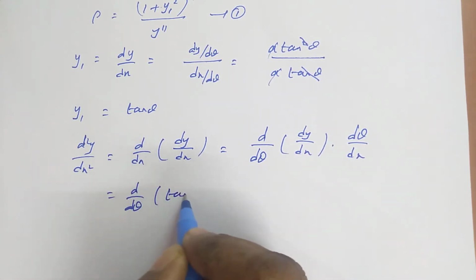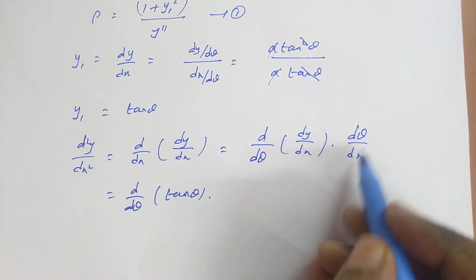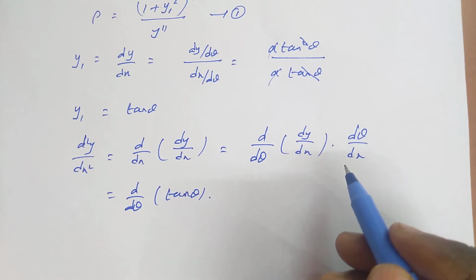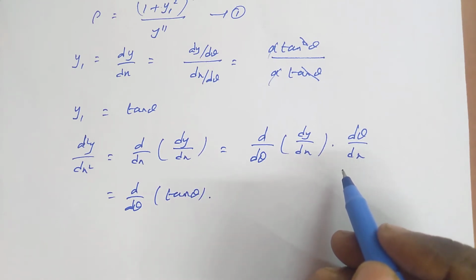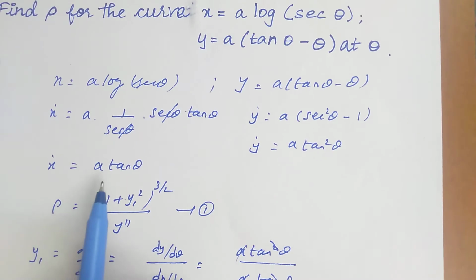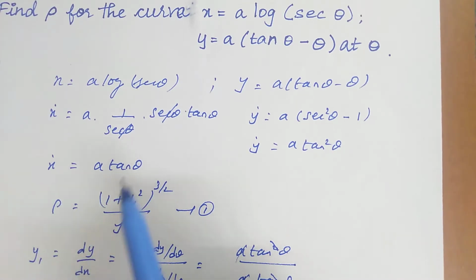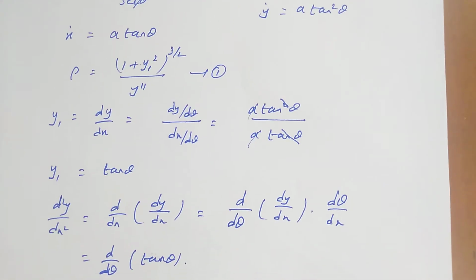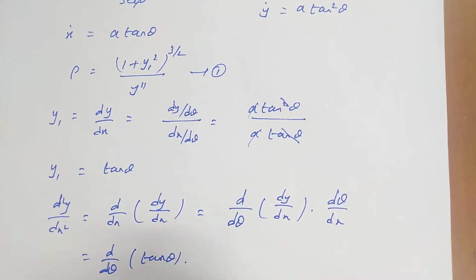So tan theta into d theta by dx. d theta by dx is nothing but the reciprocal of dx by d theta. dx by d theta is a tan theta. Now we have to write the reciprocal, so that is 1 by a tan theta.